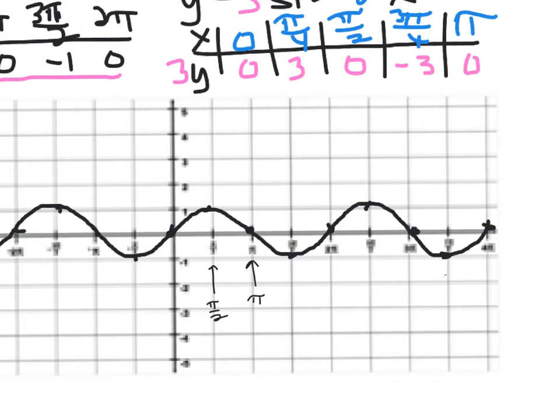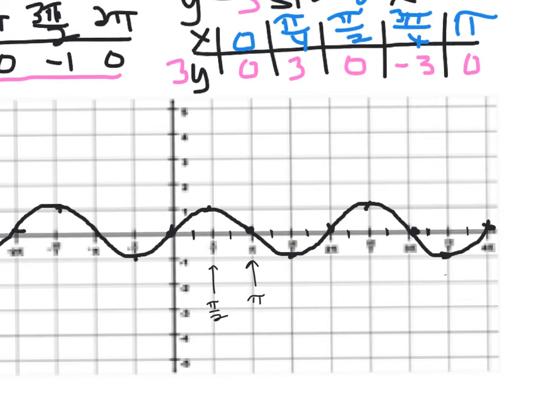So that first dash mark is pi over 2, and that second dash mark is just 1 pi. So if we want to figure out where pi over 4 is, that's going to be right in the middle. 3 pi over 4 would again be right in the middle. So I'm going to draw little dash marks, kind of all the way through in the middle, because that's where we're going to plot additional coordinates.